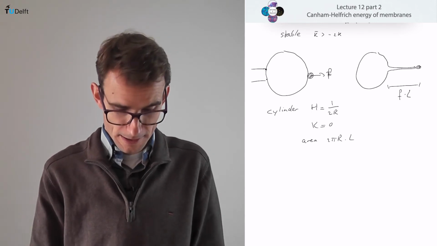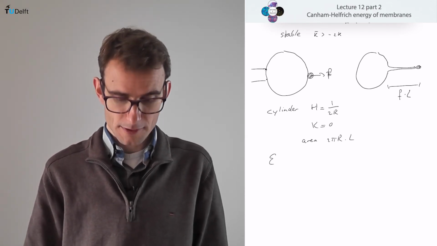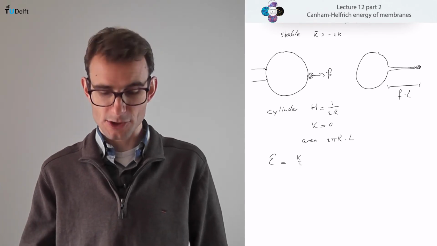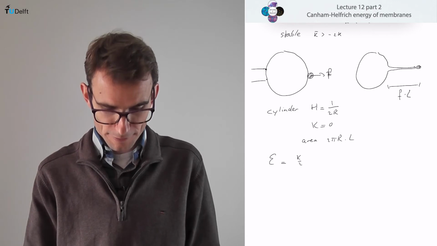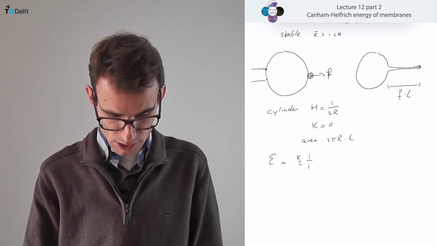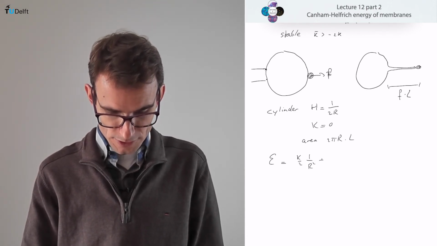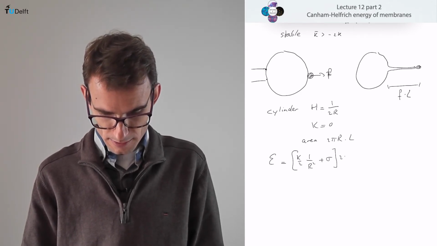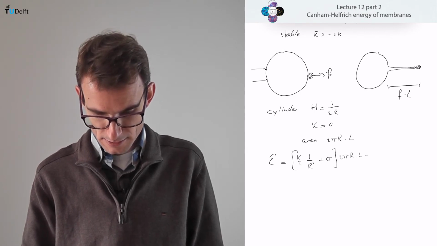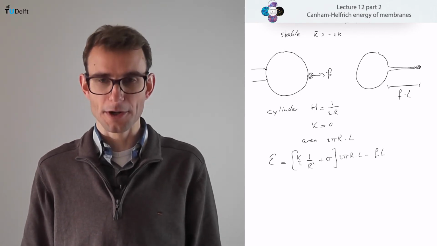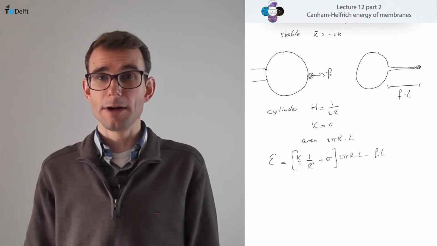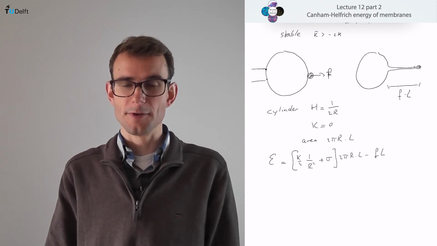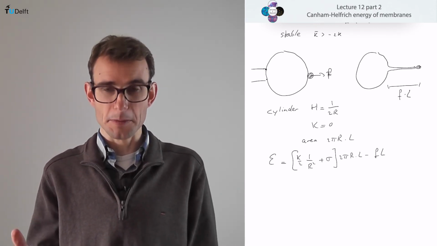So if I plug all this in, the energy of this cylinder will be kappa over 2 times 2 times H squared, so the 2 kills the 2, so we have 1 over r squared, plus the surface tension sigma times 2 pi r times L, minus this extra energy due to the work that we have done. Now if I want to find the equilibrium, of course what I should do is take the derivative with respect to the relevant variables, but now there are two.